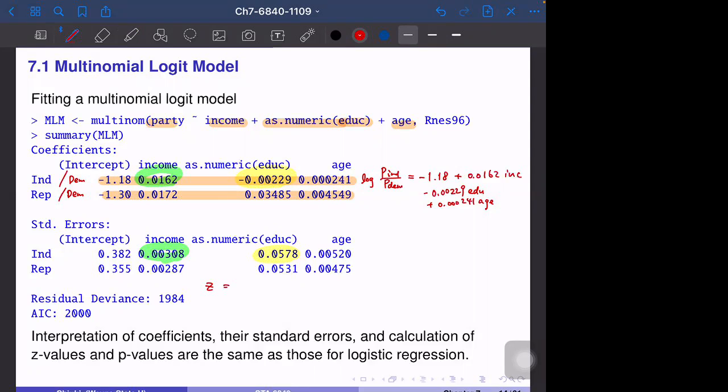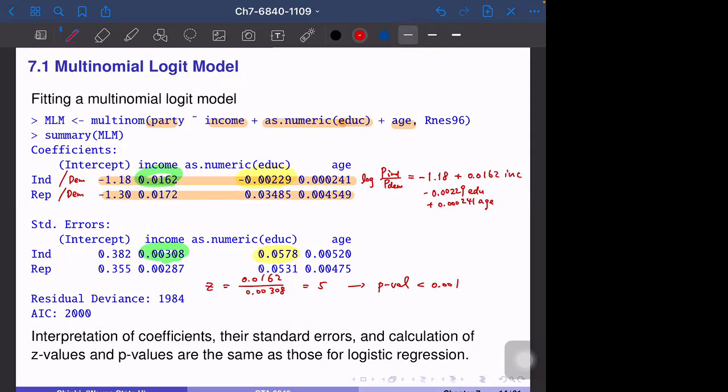The Z value for income is 0.0162 over 0.00308, which is almost about 5. So you can see this becomes significant if you calculate the p-value; it should be much less than 0.001. So you can test the coefficient in the same way as logistic regression, even though the table does not show it.